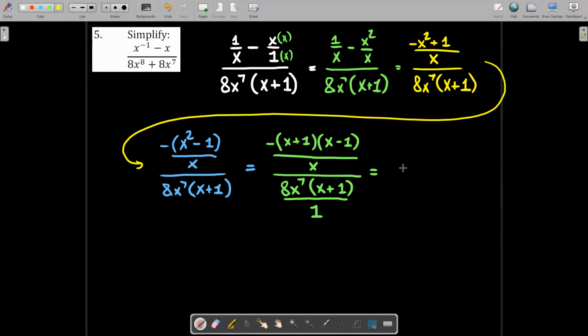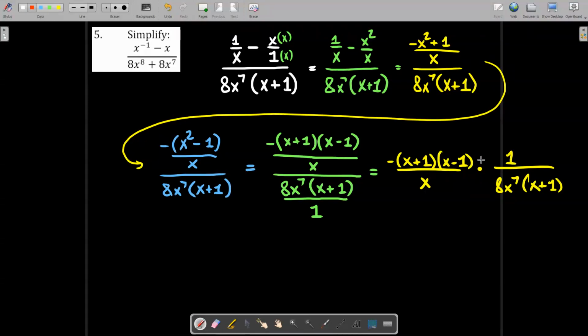We multiply by the reciprocal. So this is negative x plus 1 times x minus 1 over x. Instead of dividing by this, we're going to multiply by this fraction flipped upside down. So we'll put the 1 on top, and then we'll have the 8x to the 7th, x plus 1 on the bottom.